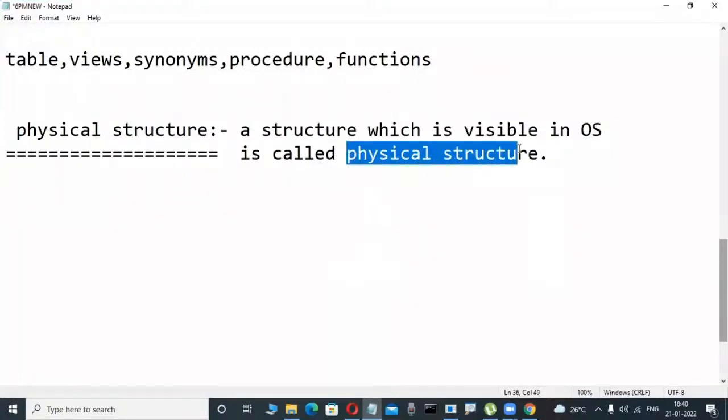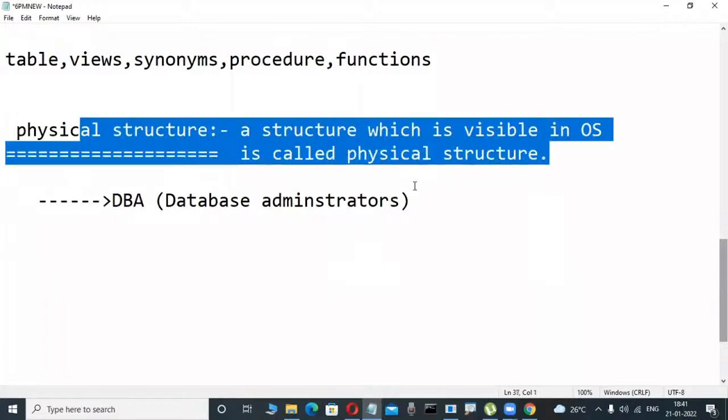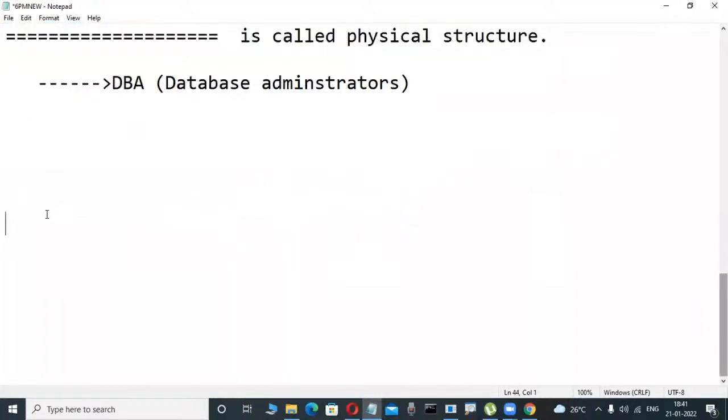But the physical structure, you are not working in it, I am not working in it. Some different type of persons are working in it. Who are they? DBA, database administrator. On the project side, some other type of persons are there in a database, the database administrators. Those DBA persons only work in the physical structure. Suppose I am an Oracle DBA programmer, for example.